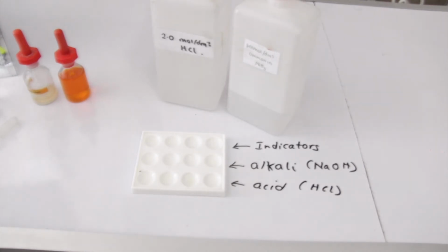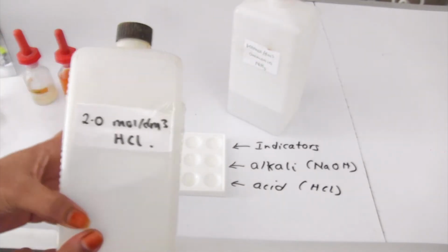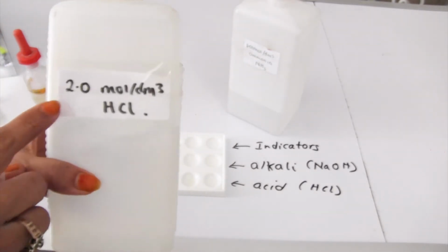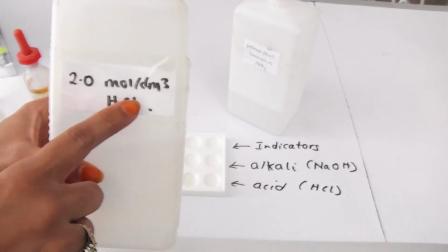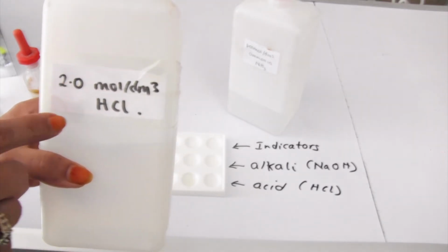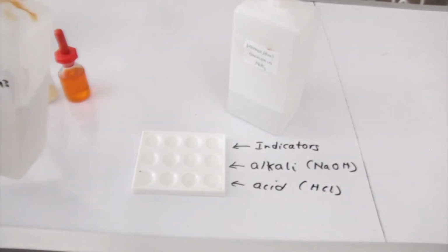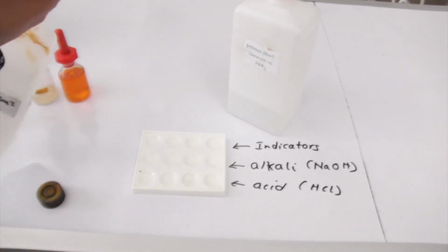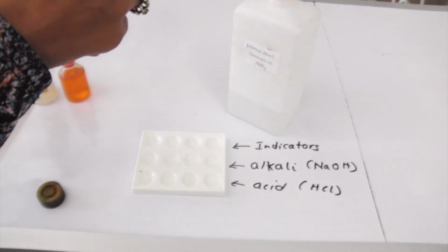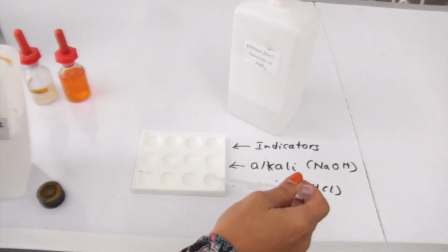Let me put a few drops of hydrochloric acid, HCl, which is 2 mole per dm cube. 2 mole per dm cube is quite dangerous. If it gets on your skin, after some time, 5 minutes, you can burn. So this is acid.